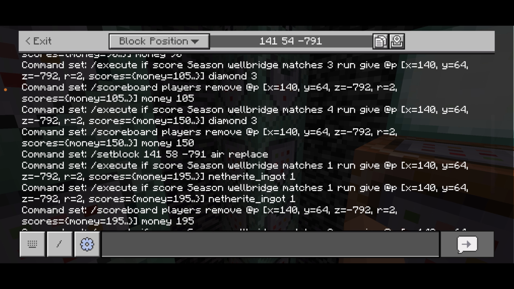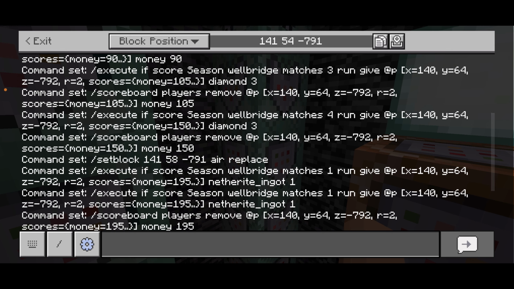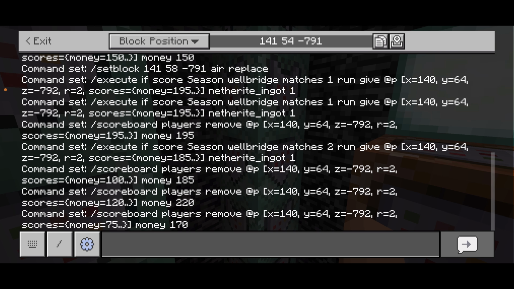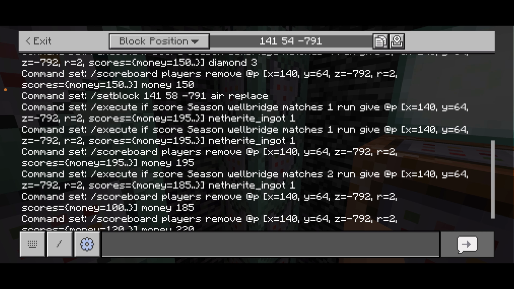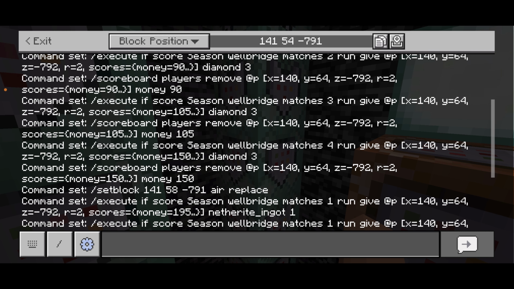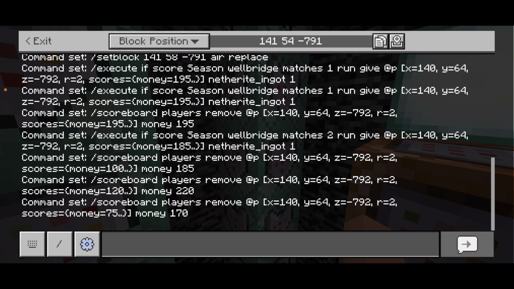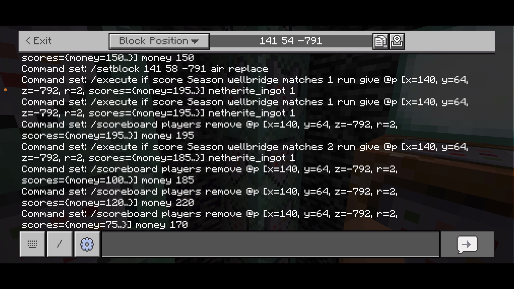So it was diamond, and then this one was 195. It doesn't look like I had it. I didn't open it. I think it was like 110. Okay, yeah, so let's go. I'm gonna fix that. That is actually really cool.